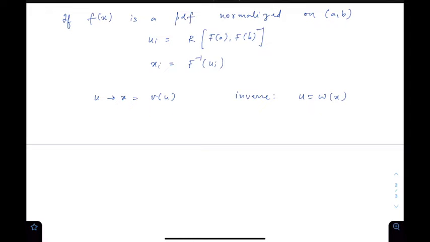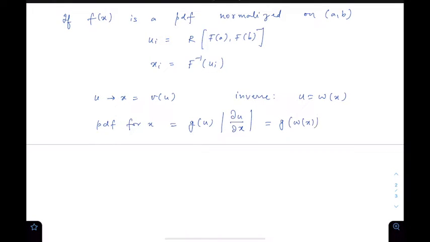So the PDF for x equals g of u, which is the PDF for u, times mod del u by del x, or in other words g of w of x times del w(x) by del x.